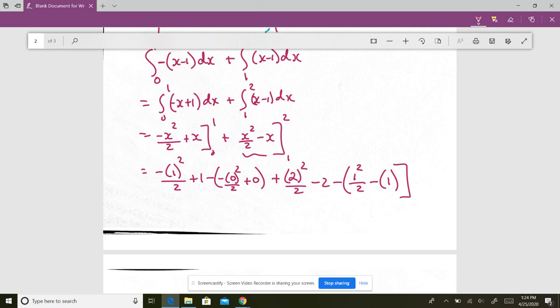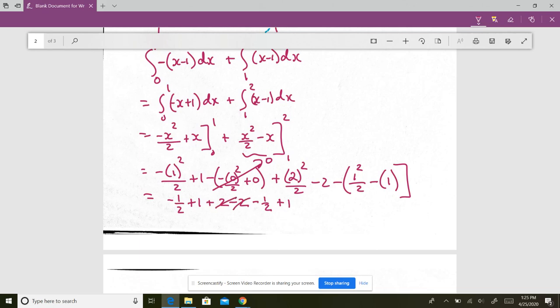All right, so start simplifying. This is negative 1/2 plus 1. This is all 0. I get 2 squared is 4, that is 2, minus 2, minus 1/2 plus 1.